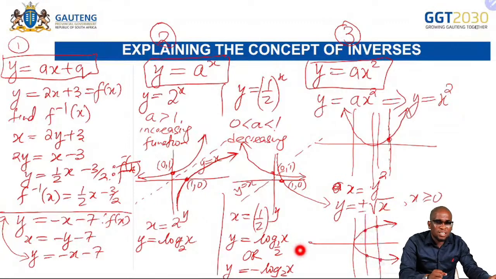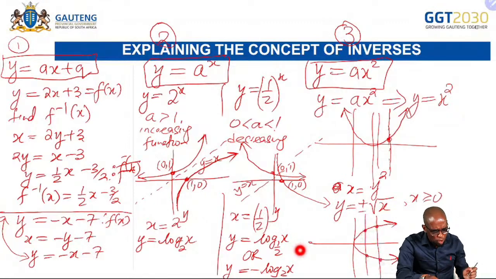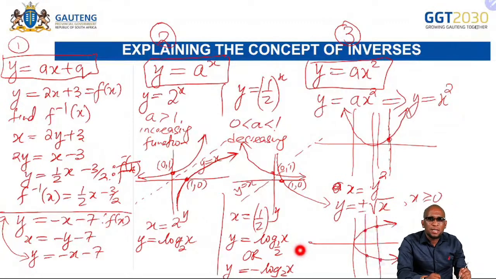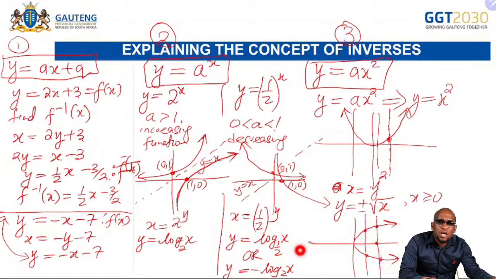So in that case, we say that this relation is not a function because it fails the vertical line test, or this is not a one-to-one mapping. It's a one-to-many mapping here, because one value of x can correspond with two different values of y.